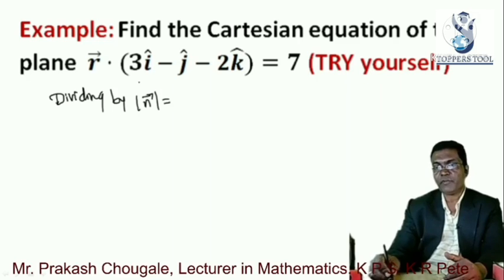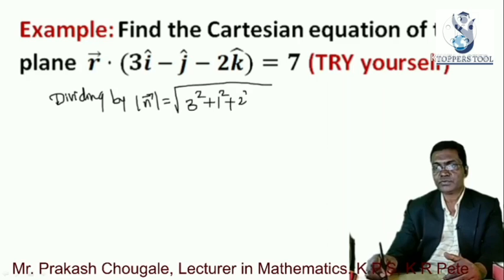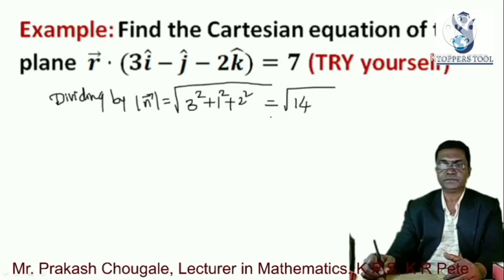So dividing by the magnitude of this vector n, because its magnitude is not 1, as you will come to know here. So divide by root of 3 square plus 1 square plus 2 square, that is 9 plus 1 plus 4, 14, so root 14 you will get.